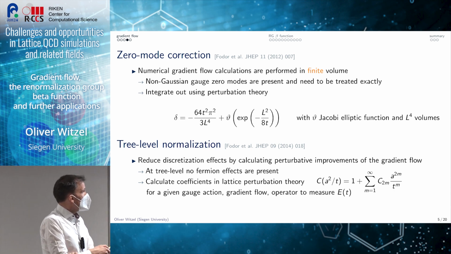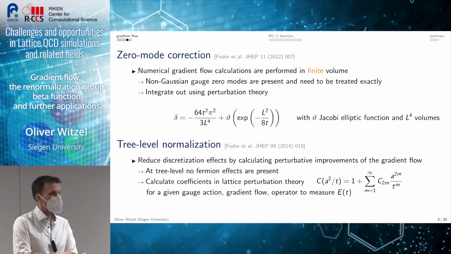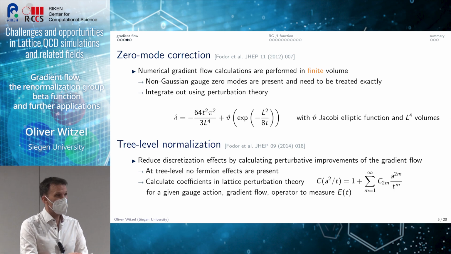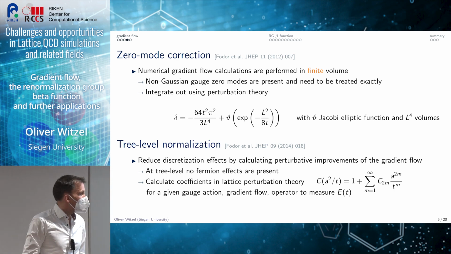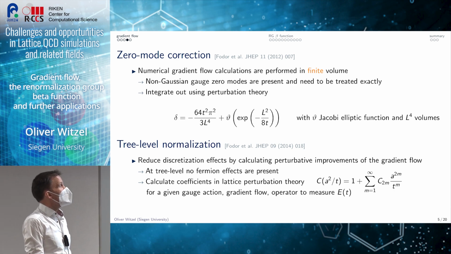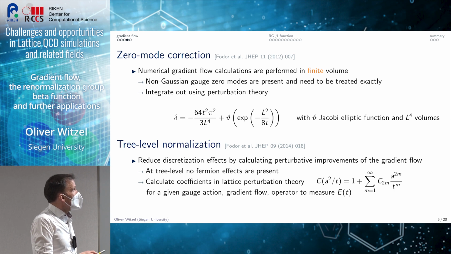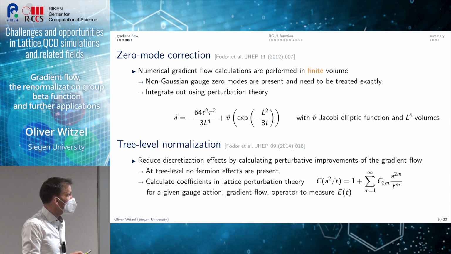The gradient flow was previously shown to be defined in infinite volume. But of course, if we want to use the finite volume to define, for example, later on the step scaling function, we are working in finite volume, and the non-Gaussian zero modes are present, and you have to treat them exactly. And you can do so by integrating them out in perturbation theory.